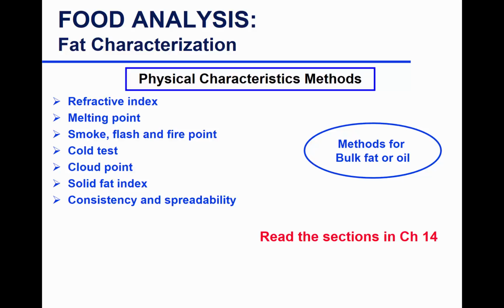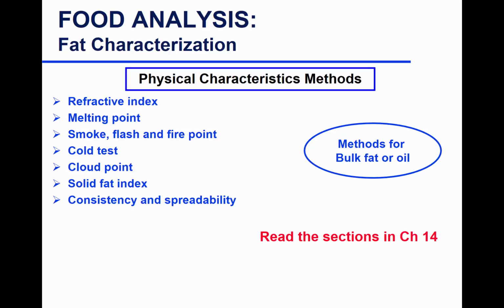So this can be helpful as a measure of degree of saturation or unsaturation. It's also an authentication, and it's very particular to the oil. So every different oil has a different refractive index. So it's kind of an ID or identification.